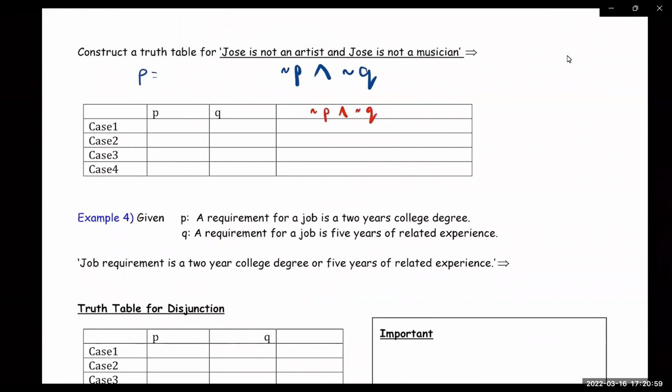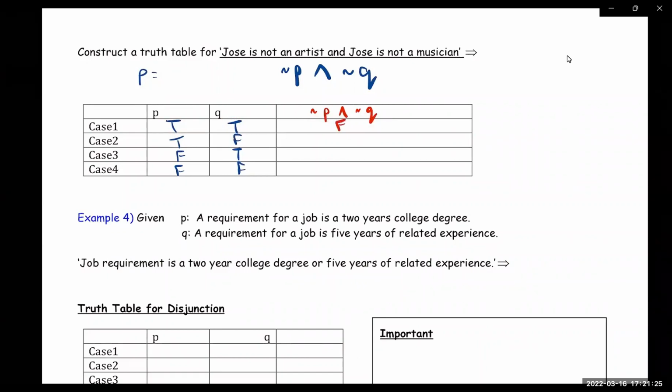Same thing, you just do true, true, true, false, false, true, false, false. So if you negate P, what do you get here? False. And if you negate Q, false. False and false is false, right? That's a false.